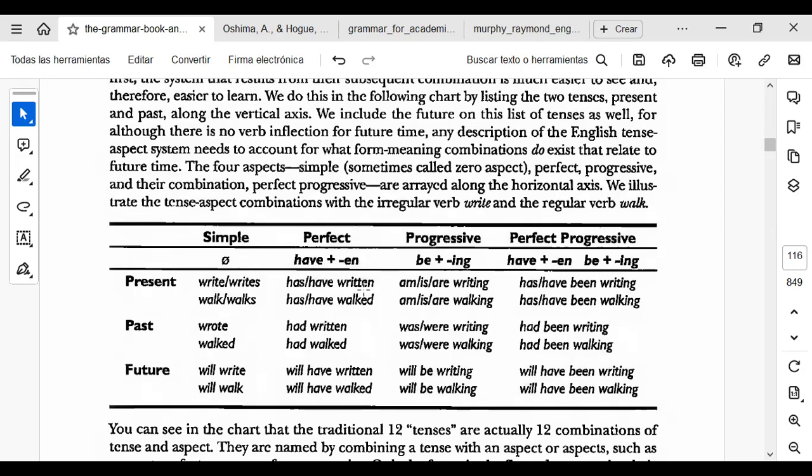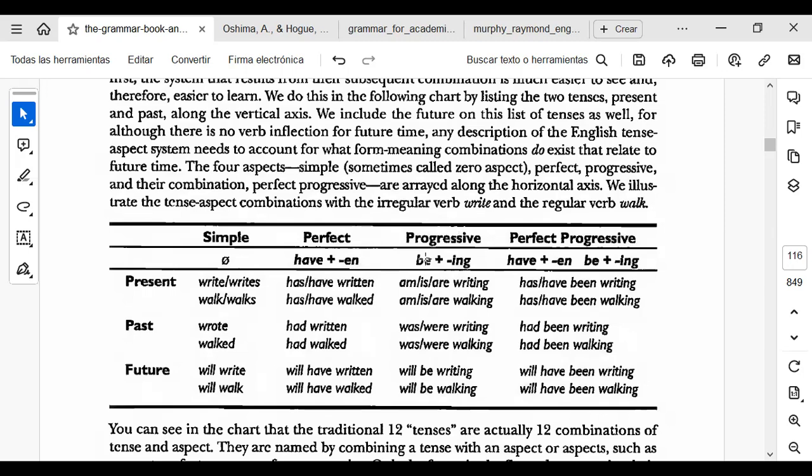Most of the verbs end in ed, or other endings, according to the verb. So we have the regular and the irregular ones.